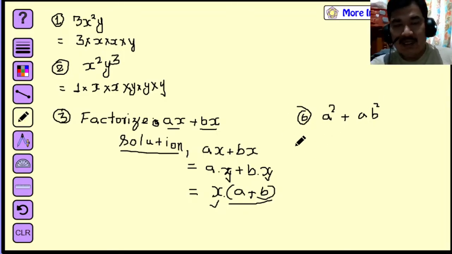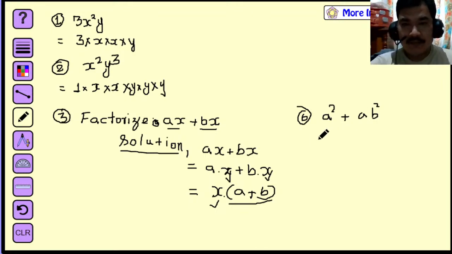And what is the factorization of this type of question? First of all, write here solution. Write here solution, and then what you have to do?